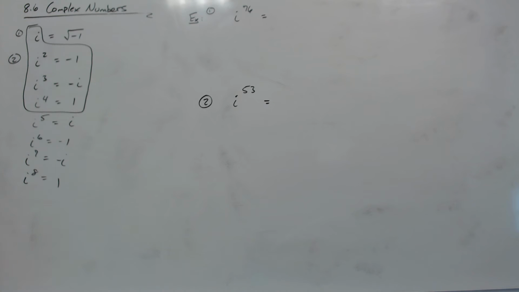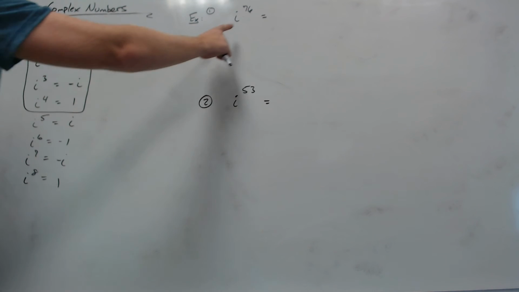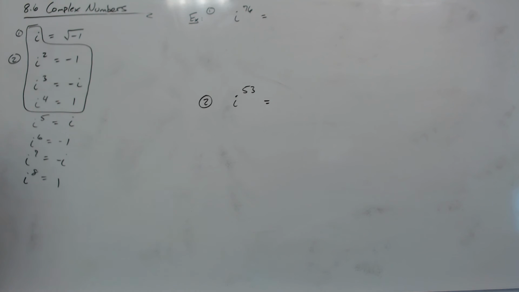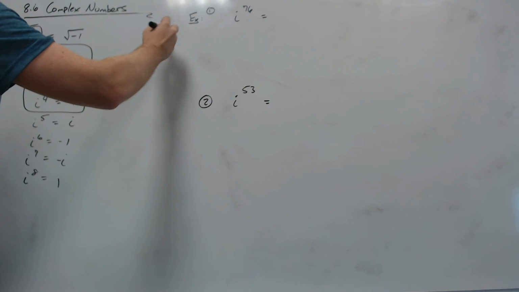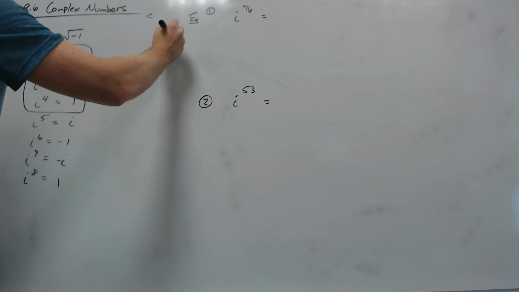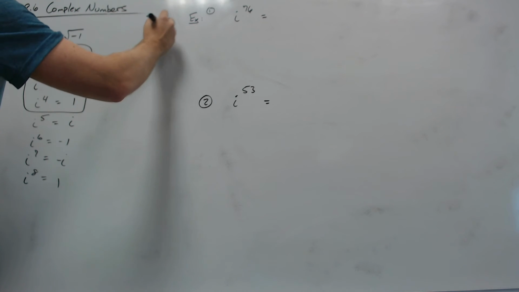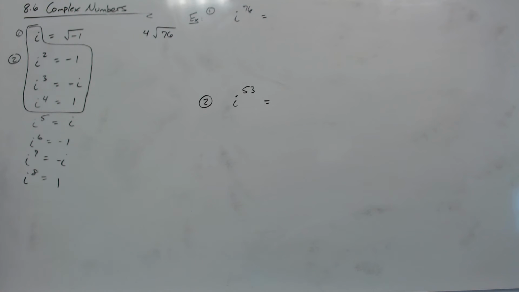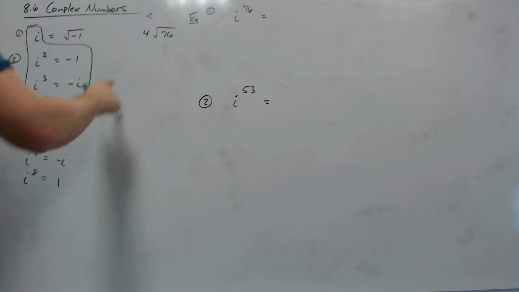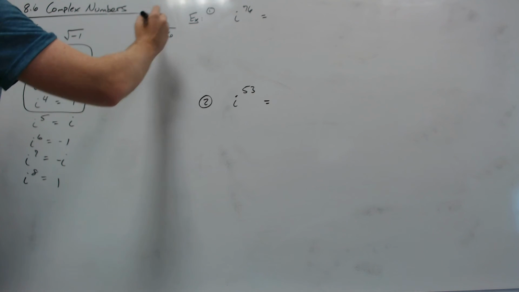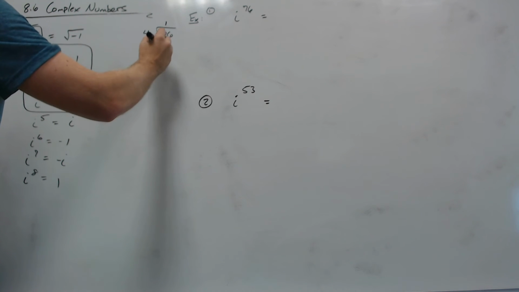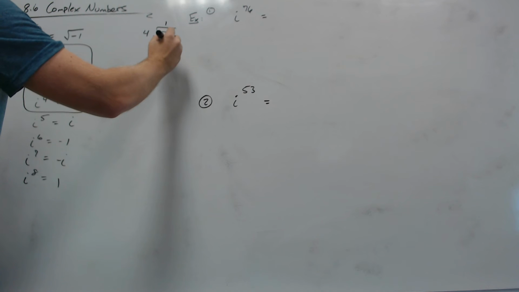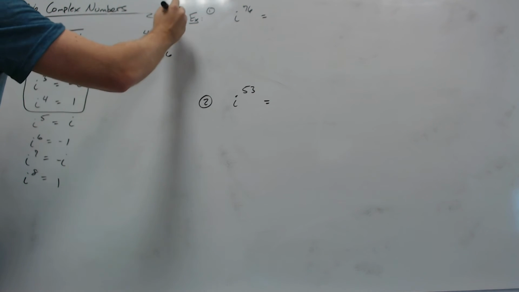The easy way to do that is just to check the power and see how it's divisible by 4. So I'm going to see how many times 4 goes into 76. 4 goes into 76 19 times.